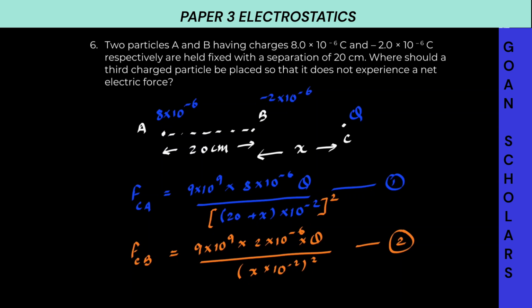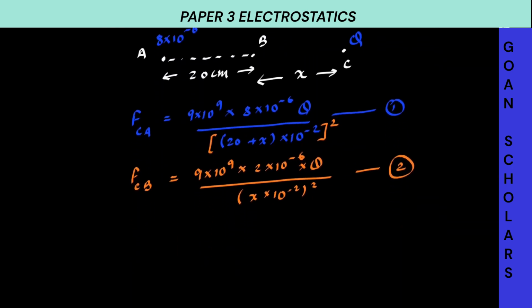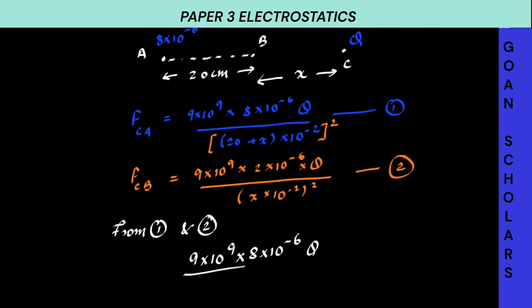Now as per the question, the resultant force must be 0, and if the resultant force is 0, the force on C due to A must be equal to the force on C due to B. So let's equate both the equations, from 1 and 2. We can write 9 × 10^9 × 8 × 10^-6 × Q, whole divided by (20 + x) whole square, with 10^-4 taken outside.